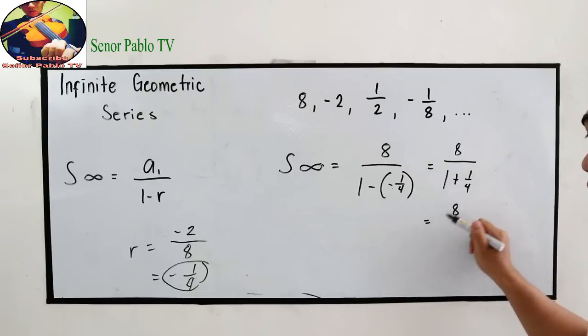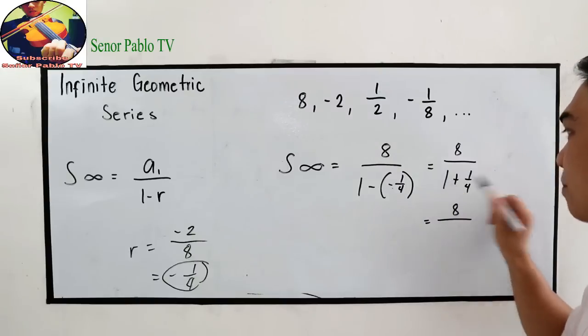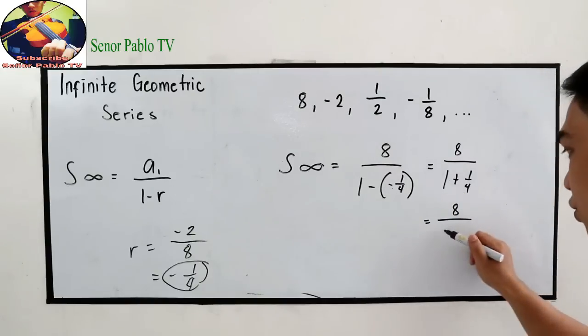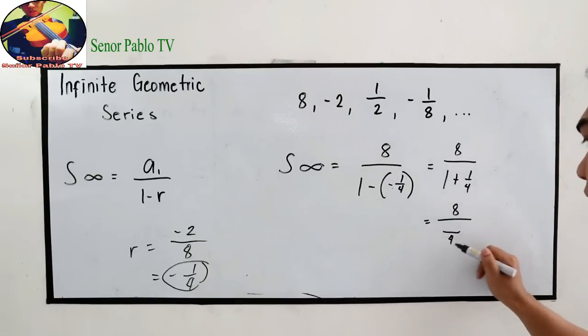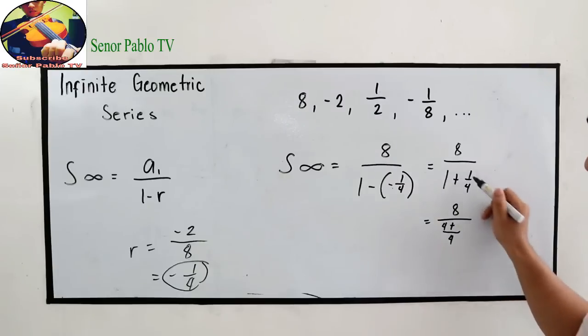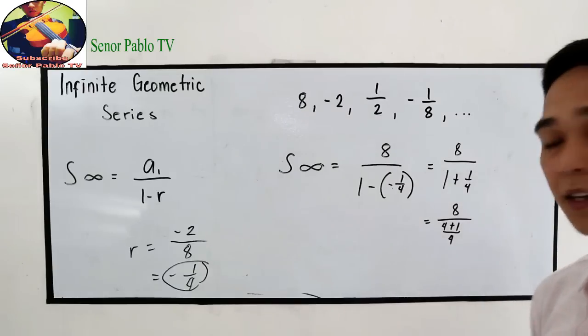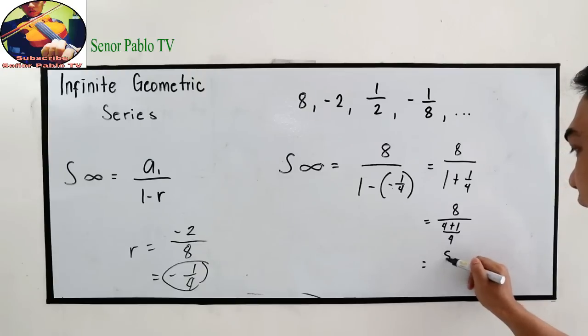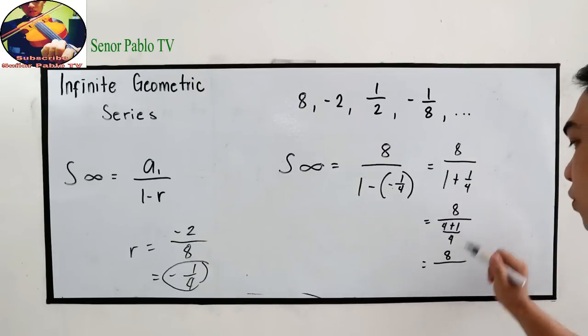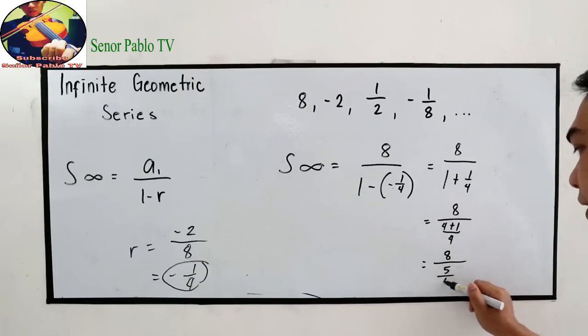So, 8 over 1 plus 1 over 4. So, LCD is 4. 4 times 1, 4 plus copy 1. Now we have 8 over 4 plus 1, 5 over 4.